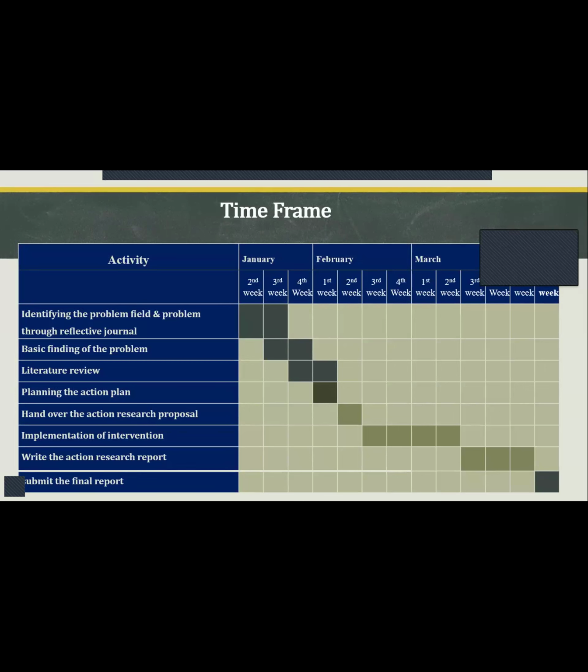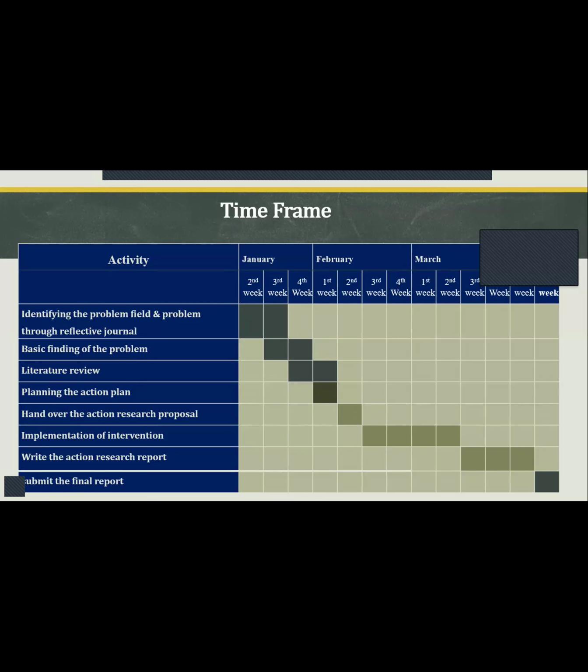First I start identifying the problem field and problem in the respective journal, with observation in the second and third week of January. But I had already observed them last year, 2024, when I was their class teacher. Then basic finding of the problem in the third and fourth week, literature review in the fourth week of January and first week of February, and planning the action plan in the first week of February.